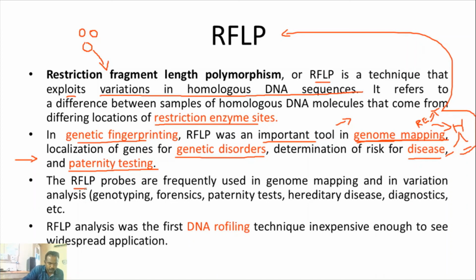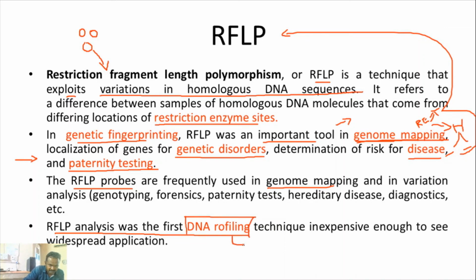RFLP probes are frequently used for genome mapping. I already told you restriction enzymes and probes are used; we can learn at the time of steps. Also, RFLP is the first DNA profiling technique. It is very important.